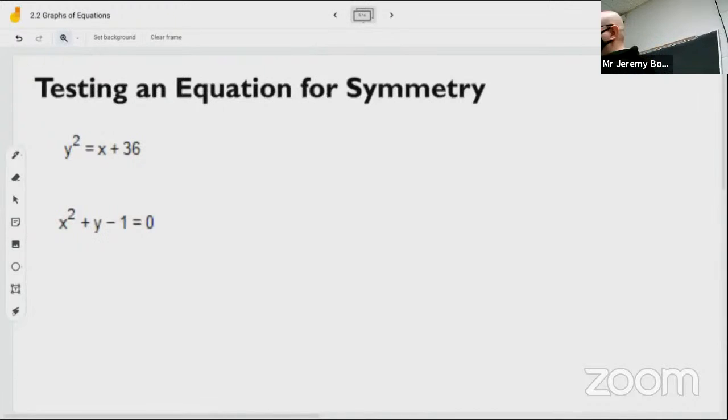So give these 2 a shot. We're testing for symmetry, so that means you're testing for all 3. X-axis, Y-axis, origin. But order, if you do them, does not matter. You may start to pick up some ability to kind of recognize what they may be symmetric with respect to, just based off of how the structure of the equation is written.